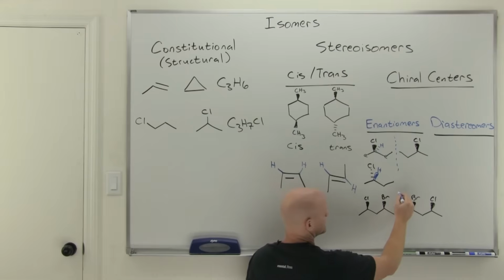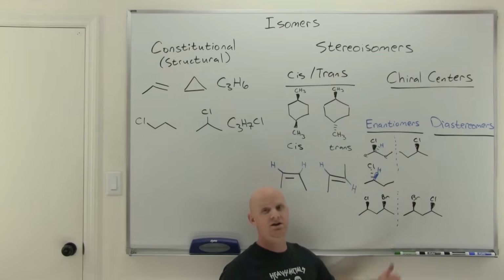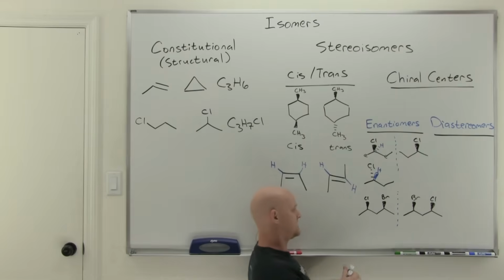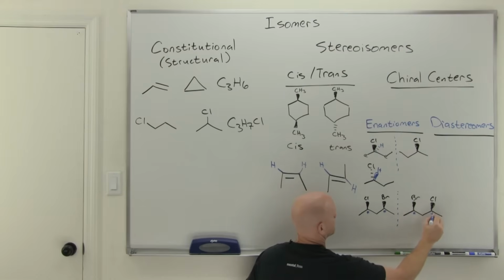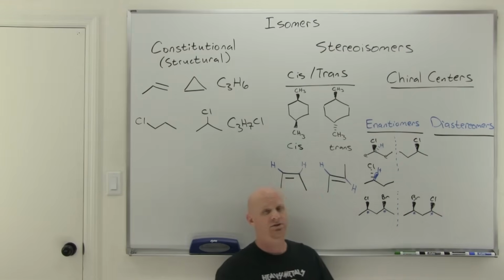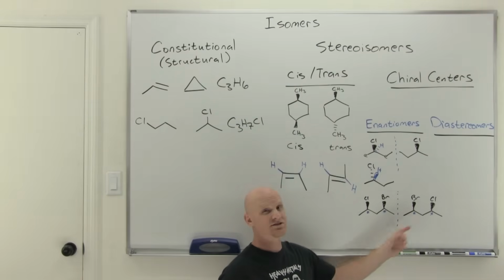So you have to first look and say, okay, are these compounds mirror images? Yeah, that's the perfect reflection of this. Do they have chiral centers? Well, yeah. Turns out there are two of these chiral centers present in this case. And we'll see that there are some new relationships possible here, but these are molecules that have chiral centers and they're mirror images and they're not the same.